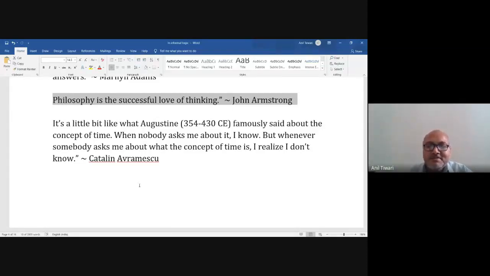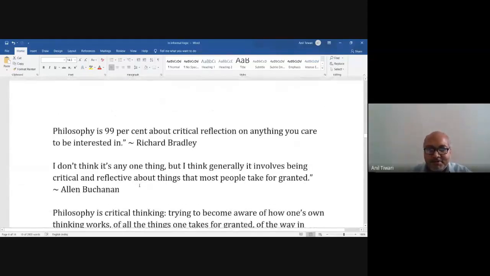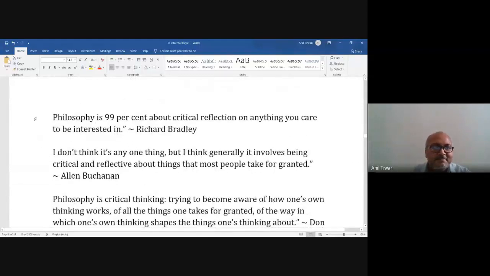So each of us has a perspective towards this concept philosophy, and largely we find some agreement, but despite that, disagreement is equally important. So Katalin Avramescu is pointing to that understanding.